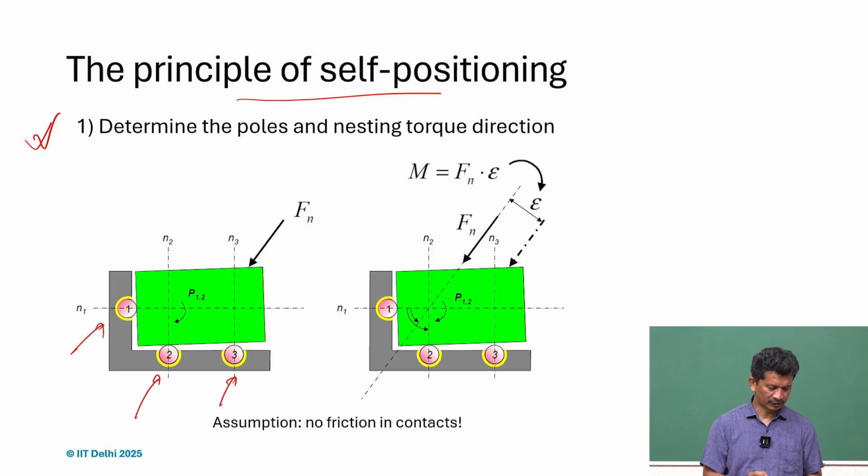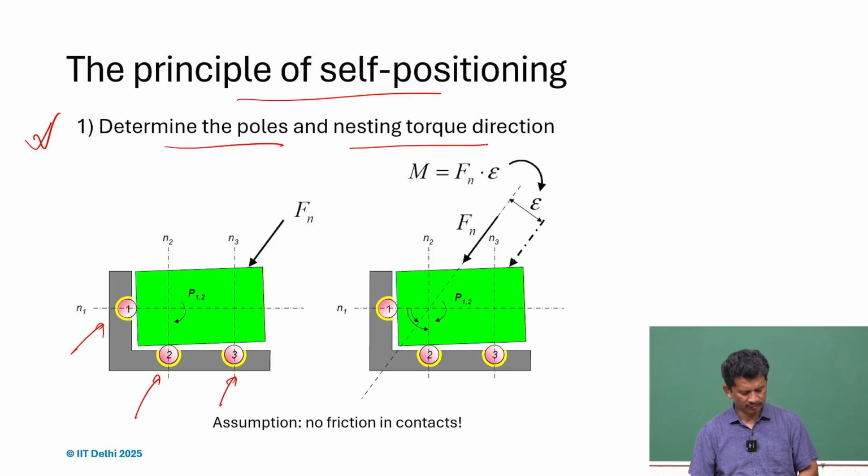First, we determine the poles and the nesting torque direction. In this case, with N1 and N2, P12 is the pole, assuming 1 and 2 are in contact, and this is the direction of the nesting torque required to make the third contact.